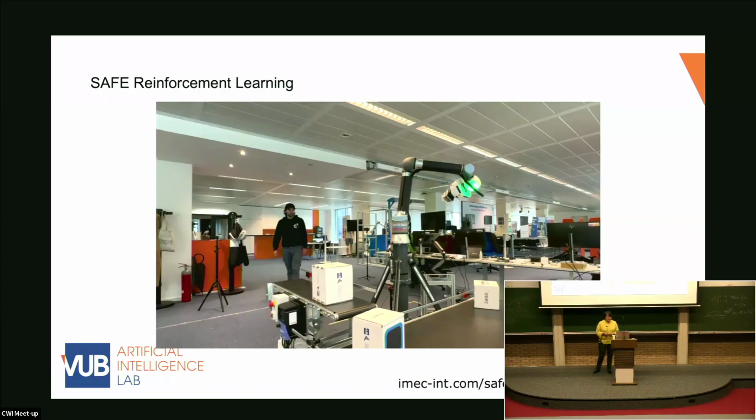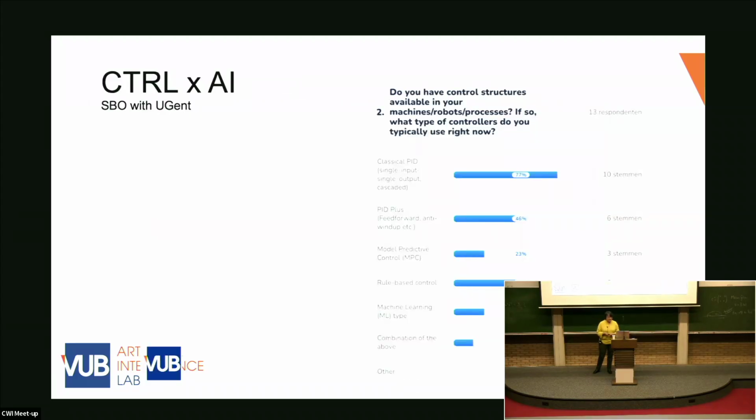Within the current project that was mentioned in the introduction, it's a project that we do together with the University of Ghent. In Ghent, these are more the control engineers who are familiar with reinforcement learning. But within this type of project, it's called SBO, Strategic Basic Research, you have a user committee.